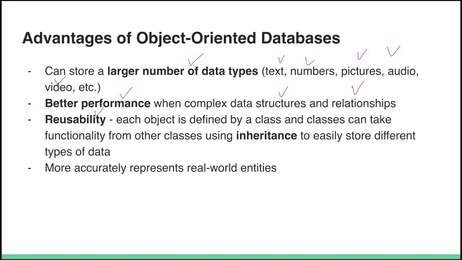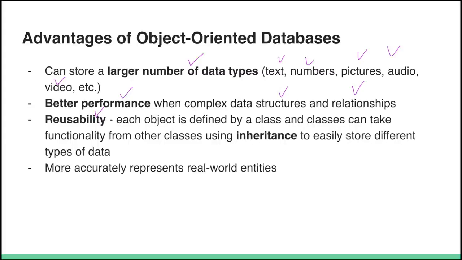We also have the concept of reusability. Remember how we were talking about classes and how we can inherit functionality from one class into another to create a totally different object? Basically, when we create classes, we can use the code for these classes over and over again in different contexts so that we can easily define objects and create complex data structures a lot more quickly than we can in relational databases.